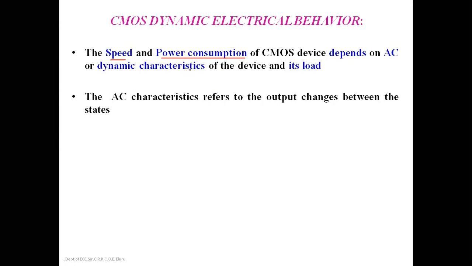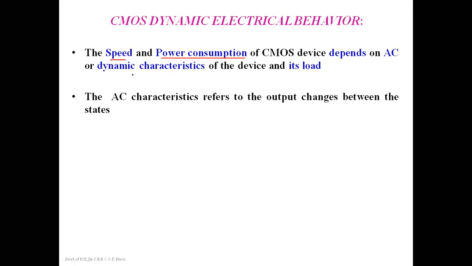While we were discussing the introduction to the digital logic ICs or the logic families, we also discussed the generalized digital characteristics of the ICs, where propagation delay and power consumption are desirable characteristics of digital ICs. So the speed and power consumption of the CMOS devices depend on the dynamic characteristics of the device and also its type of load.